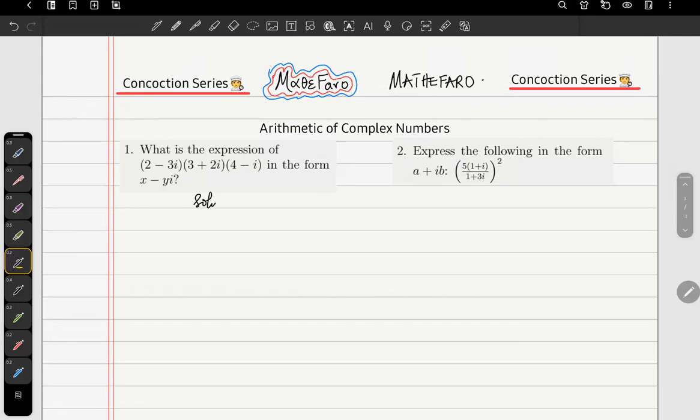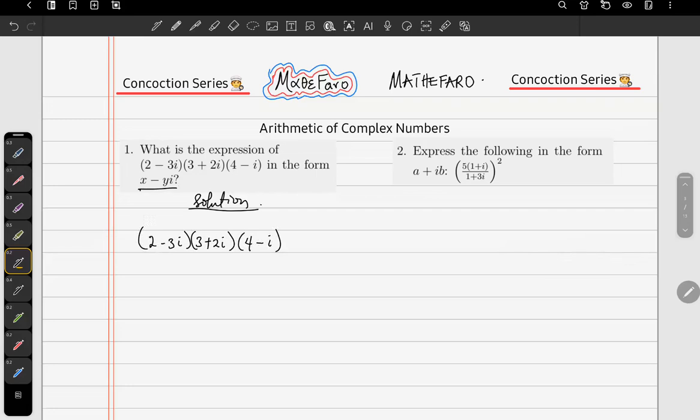In this case, the question is simply saying we should multiply all of this and put the final expression in the form x minus yi. So we have 2 minus 3i, 3 plus 2i, 4 minus i.